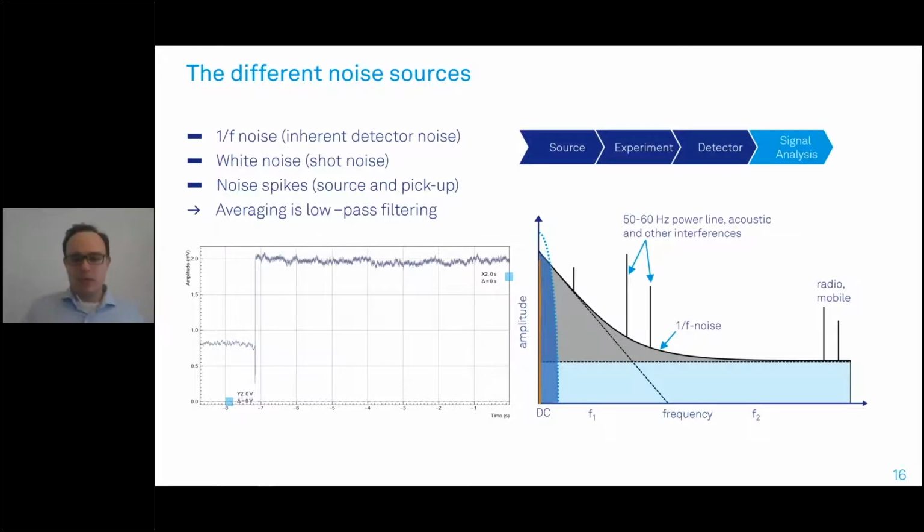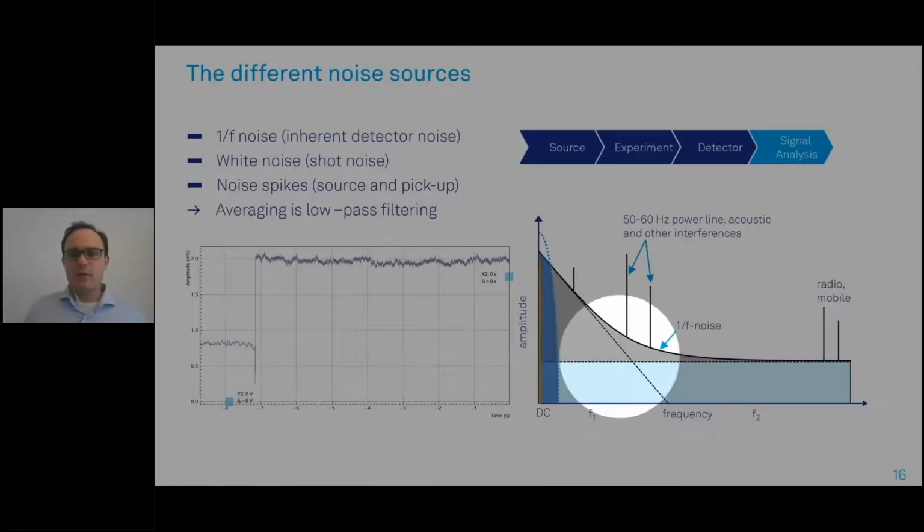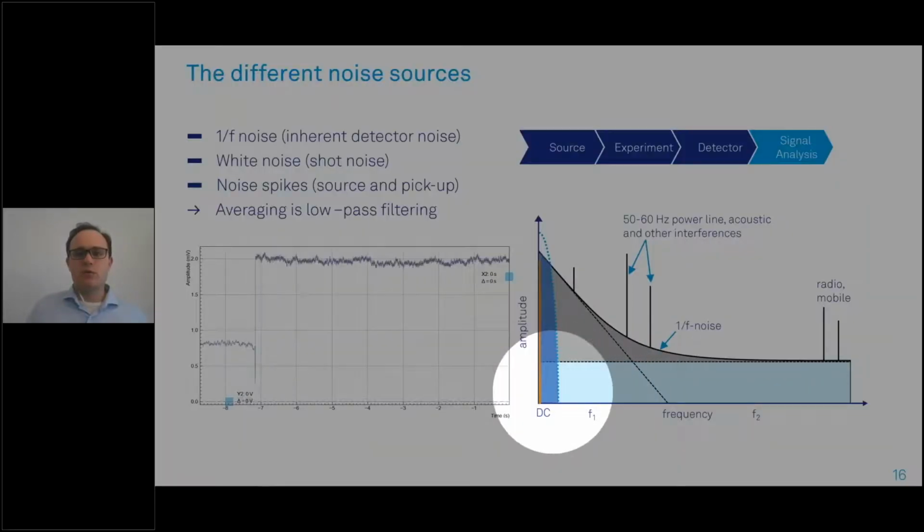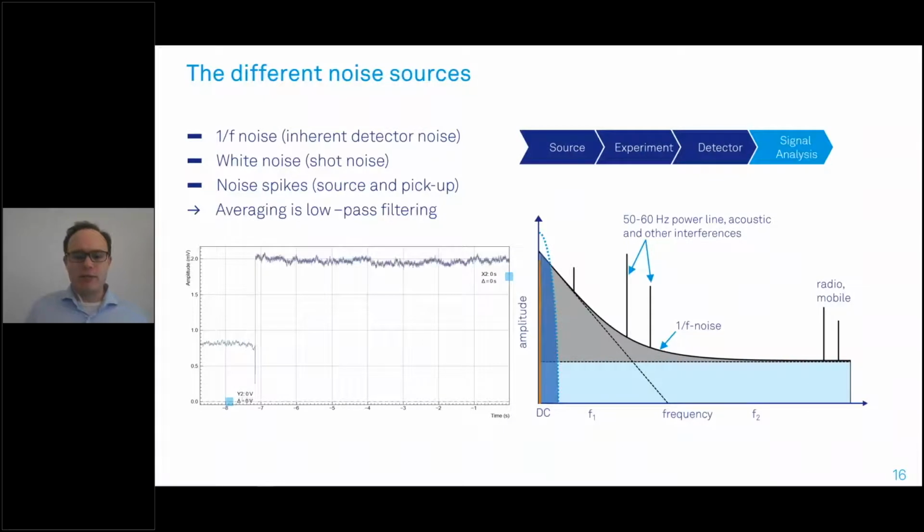The most prominent, most likely, is the 1/f noise, which often comes from the detector noise. We have shot noise, which is a quantum limited noise, and this is a white noise contribution spanning the entire frequency range. And we have some noise spikes, of course, which are due to, for example, technical pickup and so on.